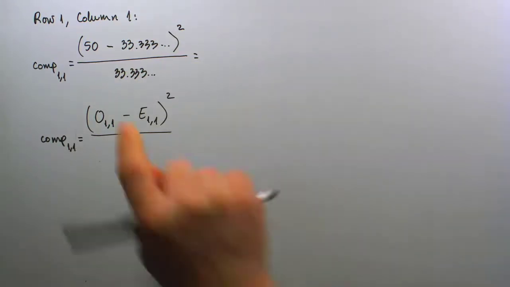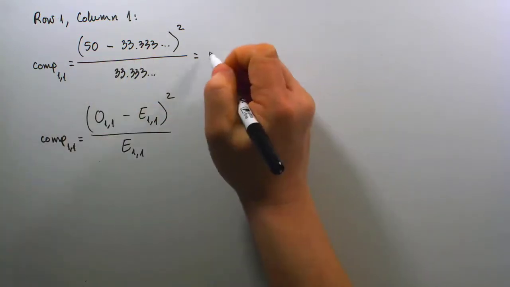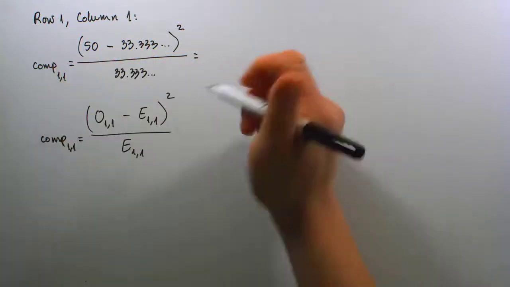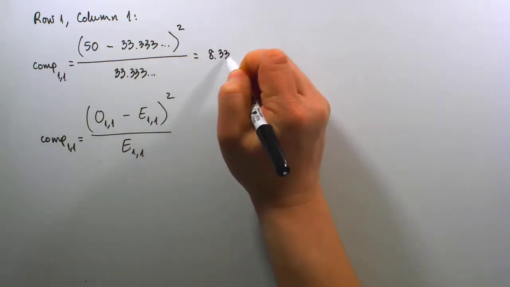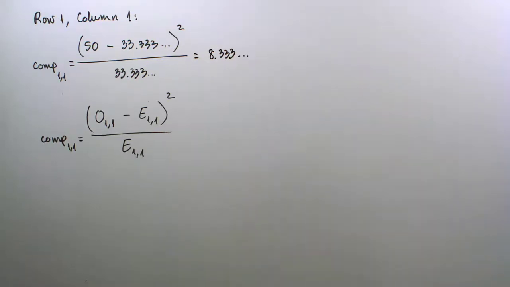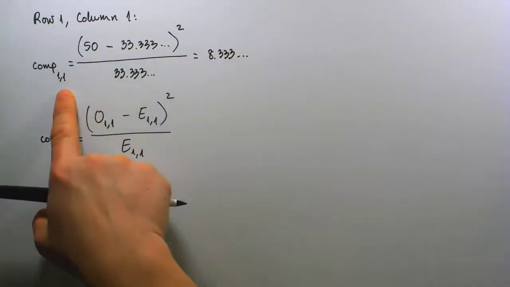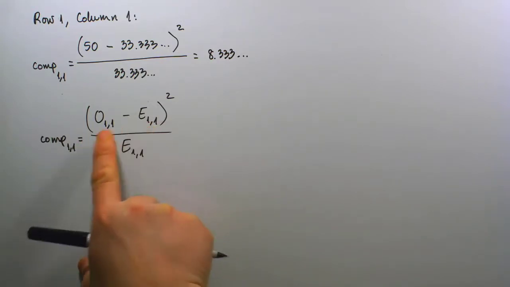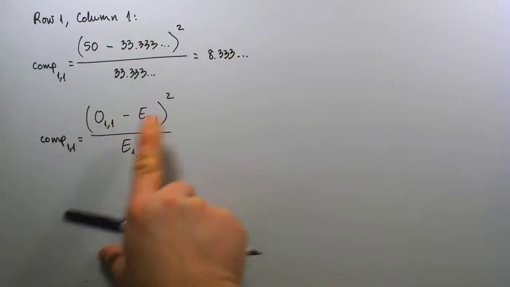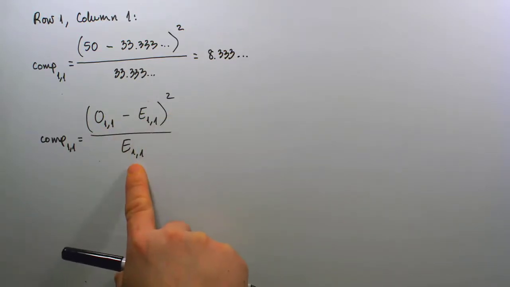So with the actual values plugged in, my final component 1 is calculated as 8.3333 and a lot longer. So this is component 1 that came out from subtracting the expected count 1 from the observed count 1, then squaring the difference and dividing it by the expected count in row 1, column 1.